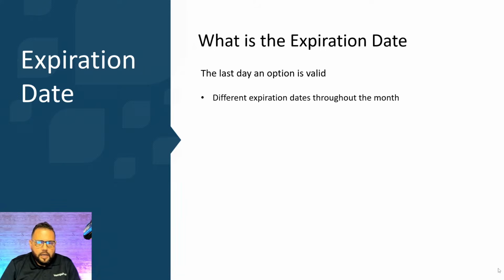Okay? There are different expiration dates throughout the month. You may hear things like weekly. You might hear a monthly expiration, right? There are yearly expirations. Depending on the asset, the liquidity of that asset, there are different expiration dates. And you don't have to wait until the expiration date to exercise that option or to sell that option or make a decision on that option.